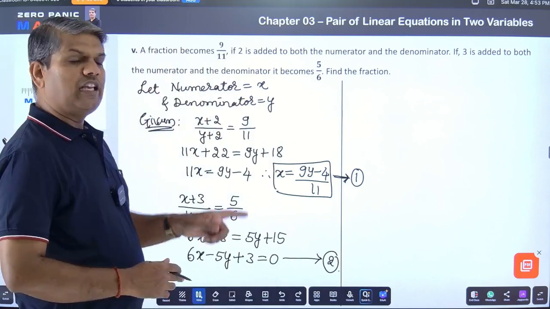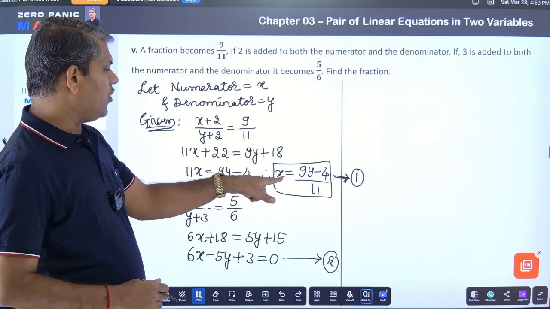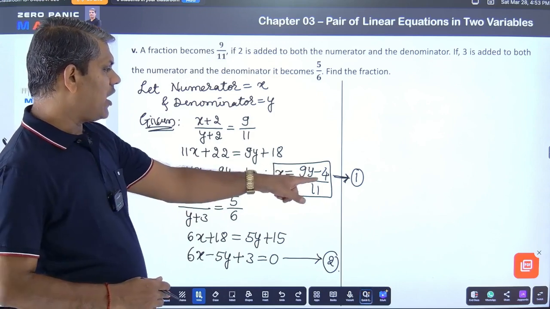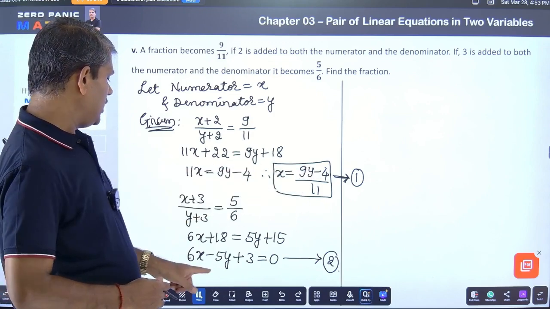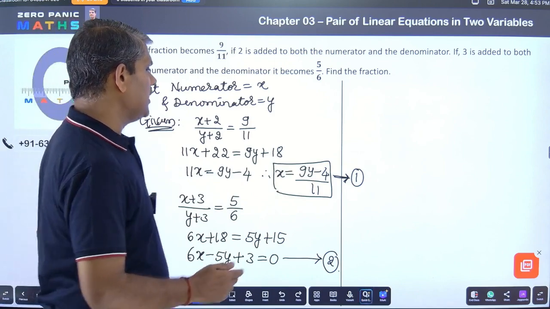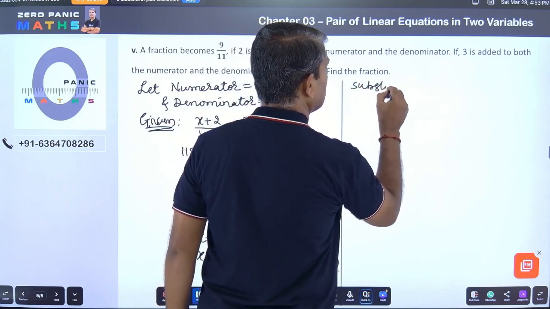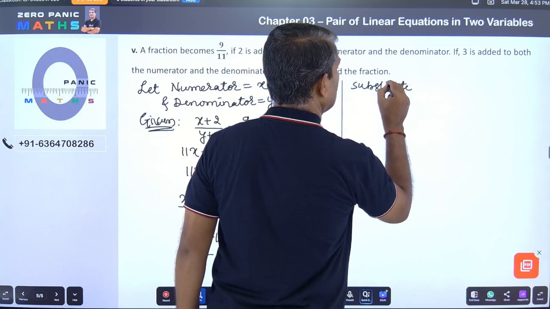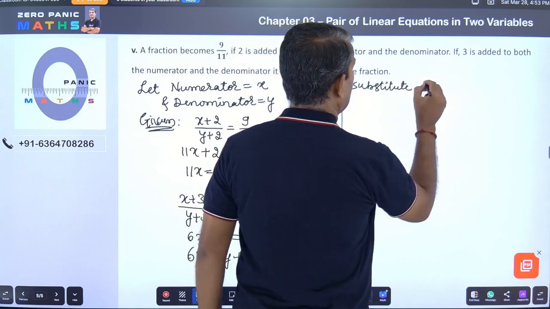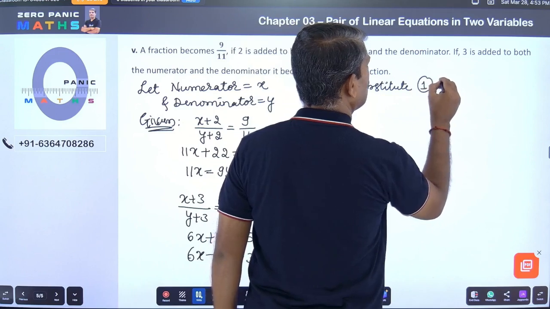Now let us substitute the value of x, which is 9y minus 4 divided by 11, into this equation. Substitute 1 in 2.